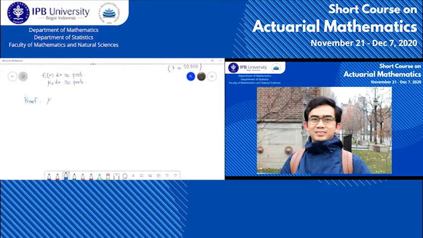Okay, we have mu x from its definition. It is a limit of this probability, given that t0 is larger than x, divided by dx. Okay, for this limit, we can use a property in probability.